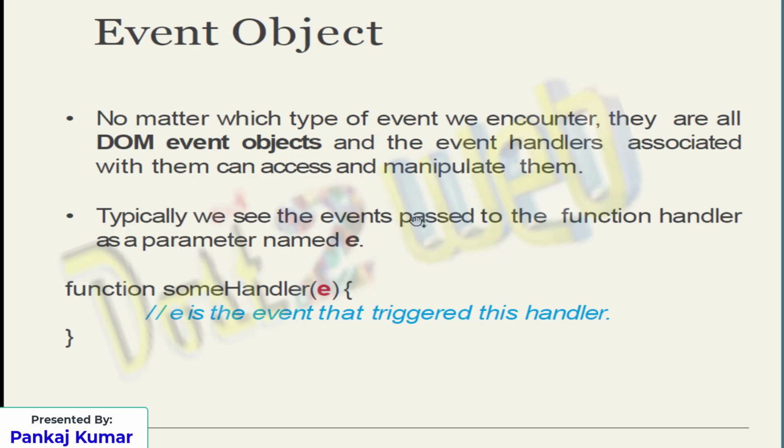When you look at this example here, we have used a function handler with the parameter e, right? You can see a function with the handler name and you pass the event. That e is the event when this handler is triggered, when you want to trigger the functionality.